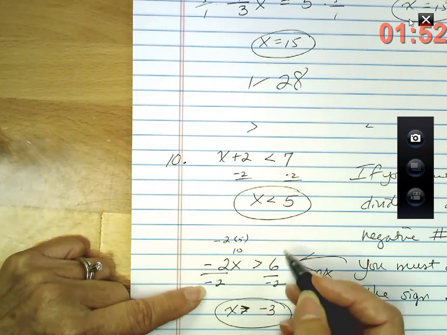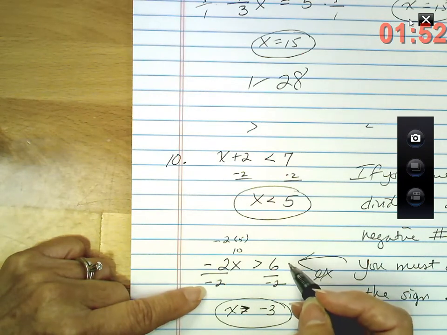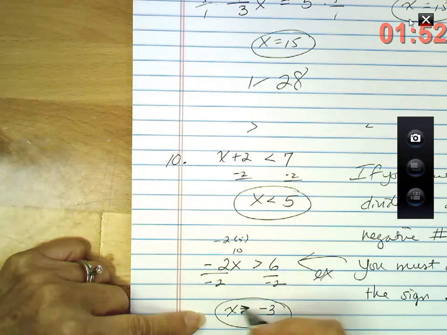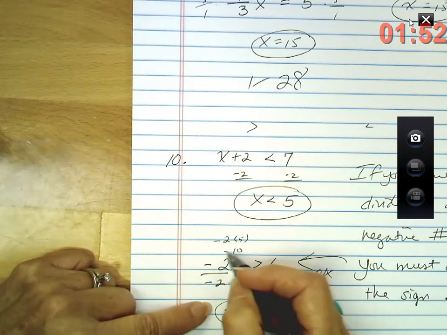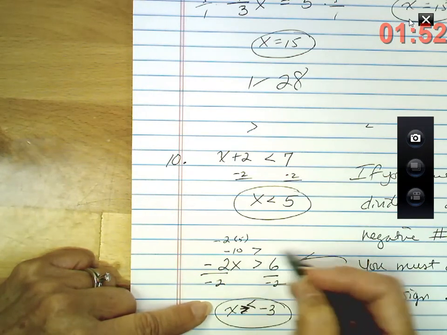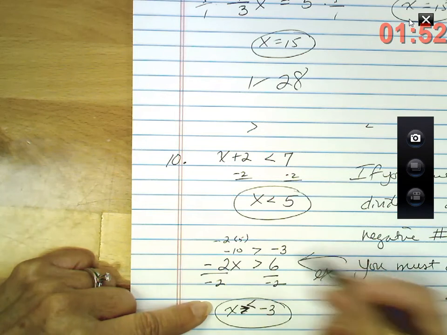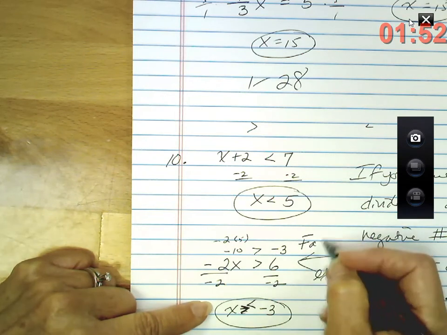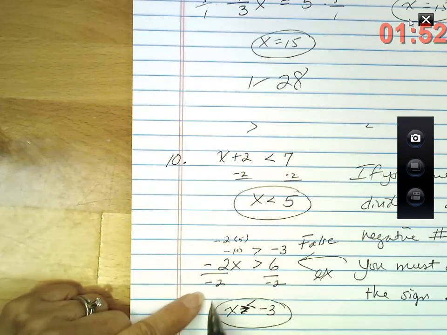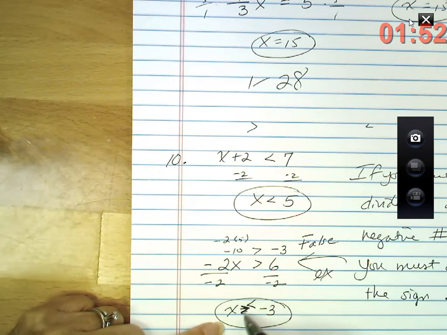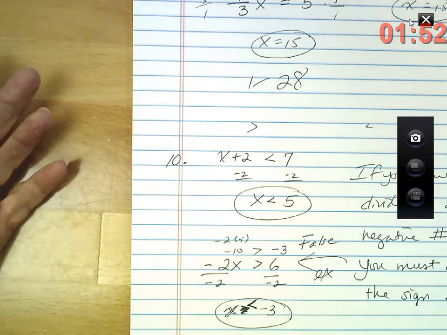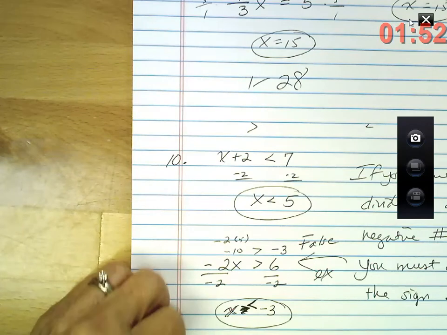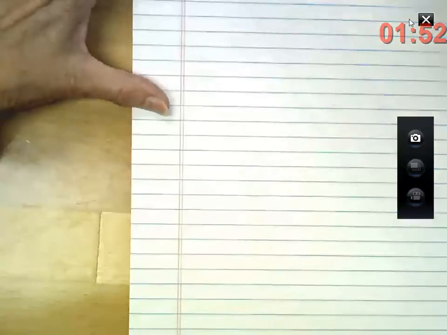Negative 10 is greater than negative 3, and that would make it a false statement. So if you divide through by a negative, you have to switch the sign around the other direction in order to get the right answer. And you think, well, who in the world came up with that? I don't know, but they figured it out.